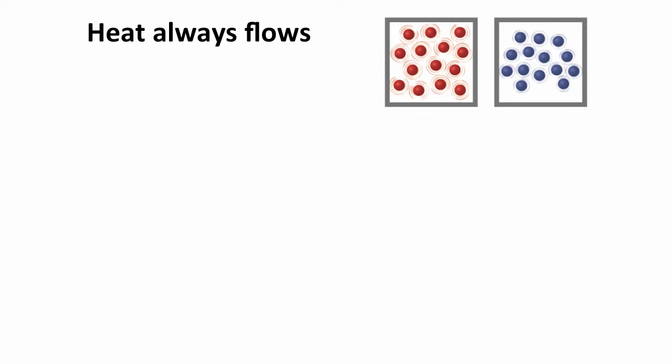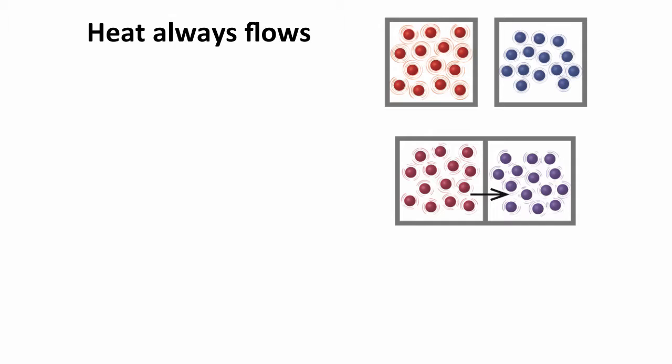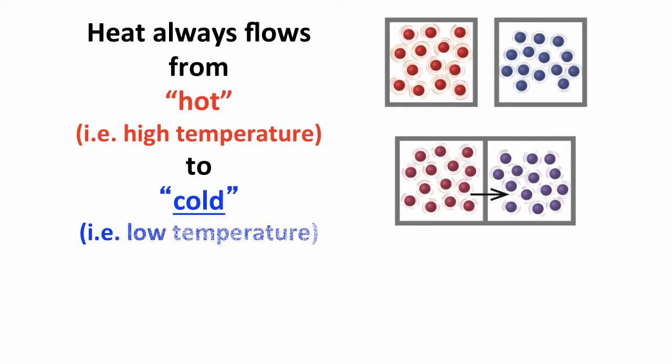Now, we know that heat always flows from a higher temperature, or hot, object to a lower temperature, or cold, object. Heat flow is always in the direction from higher temperature to lower temperature.